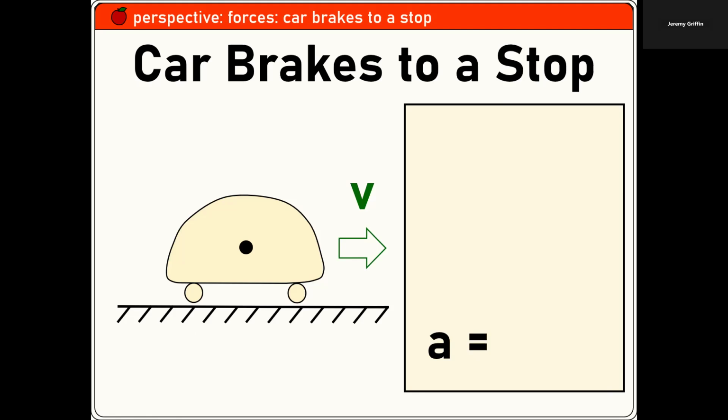Questions are getting harder. Or you might say deceleration since it's braking, or negative acceleration. Well, maybe that's a hint. Maybe the answer should be negative. At what rate is the car allowed to slow down? You've got a free body diagram.